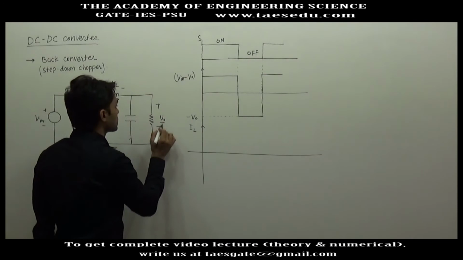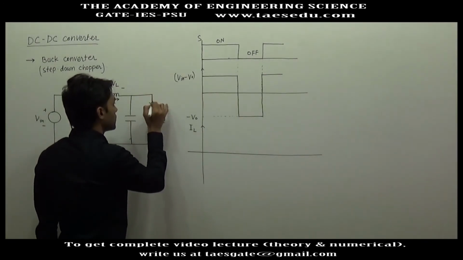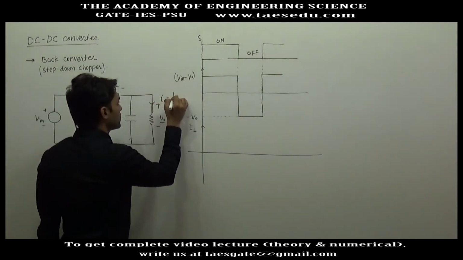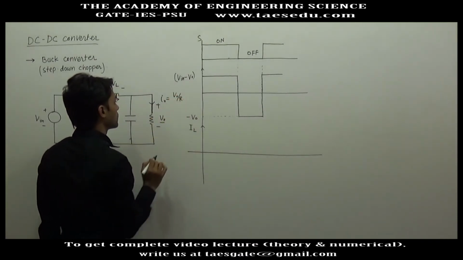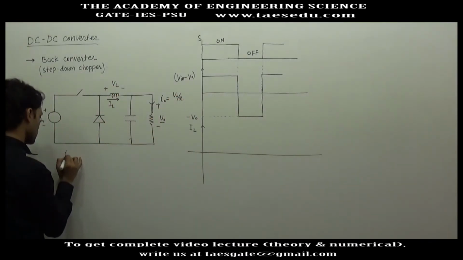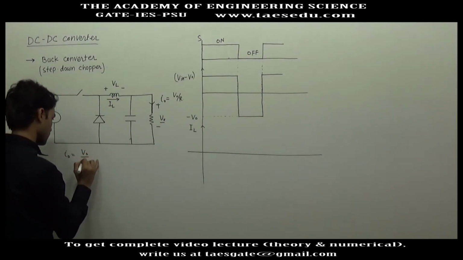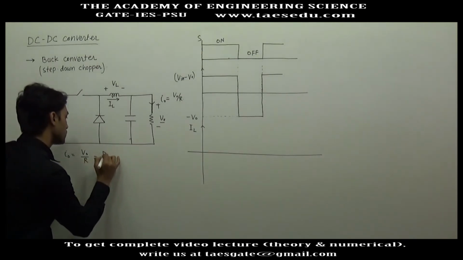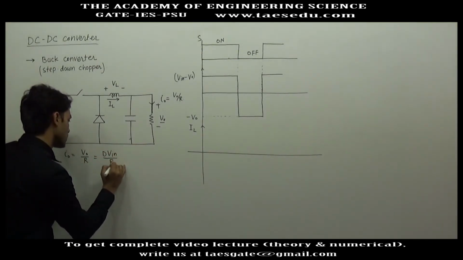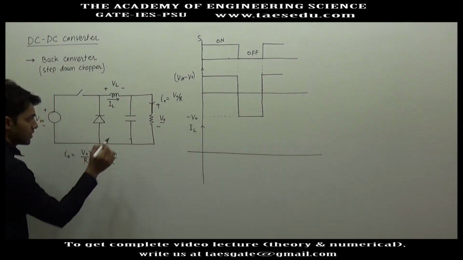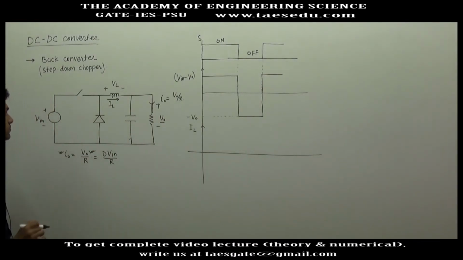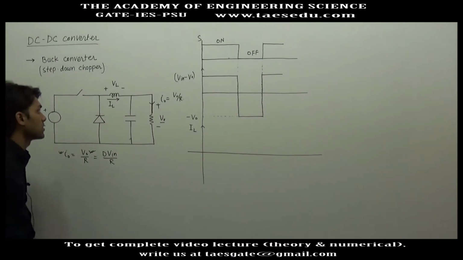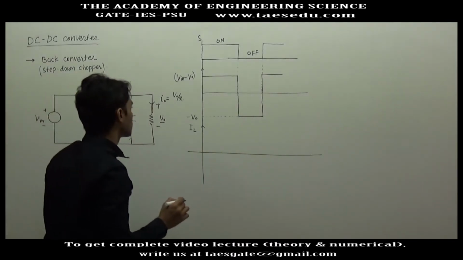If this output voltage is constant, the output current I naught is V naught by R, and V naught is equal to D into V input, means V naught is known, resistance will be given, so I naught will be known. Now to find out average inductor current, why am I talking about average inductor current? Because inductor current will not be constant.